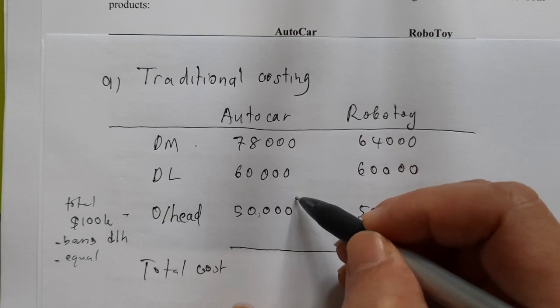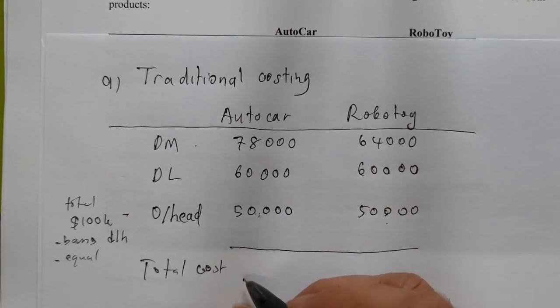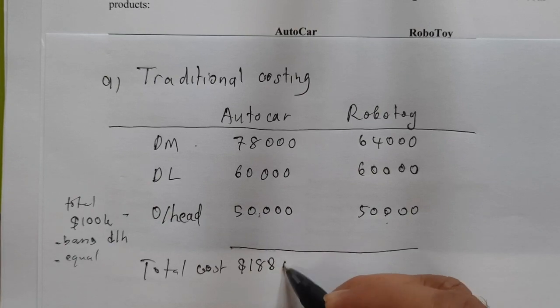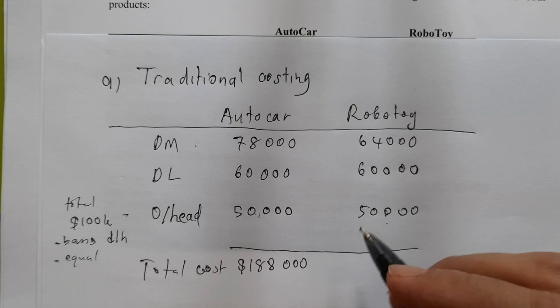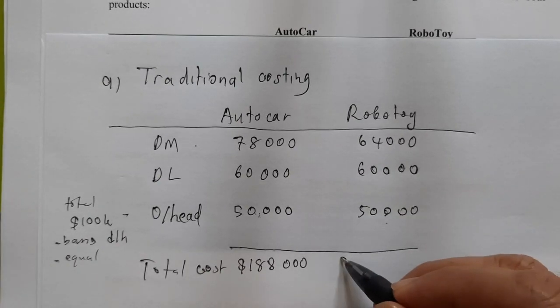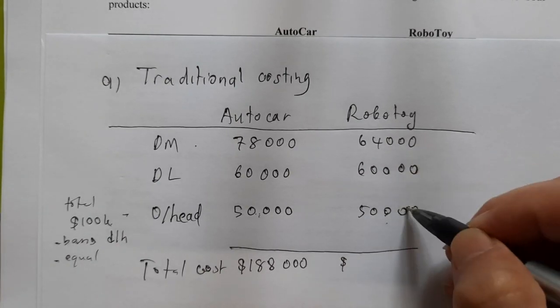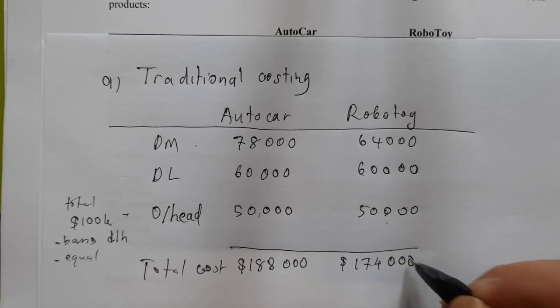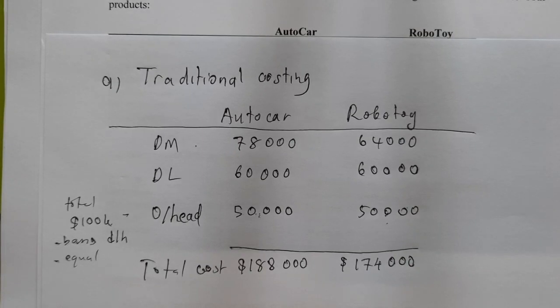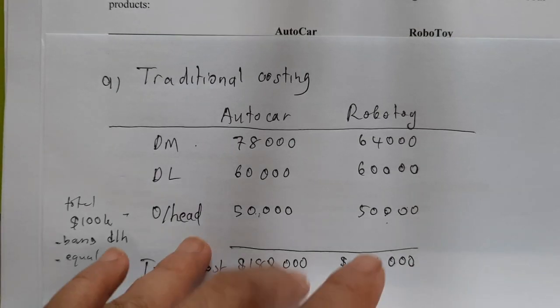You add these numbers and you will see that the total cost is 188,000. For the robotoy, you add these numbers and you will see the total is 174,000.